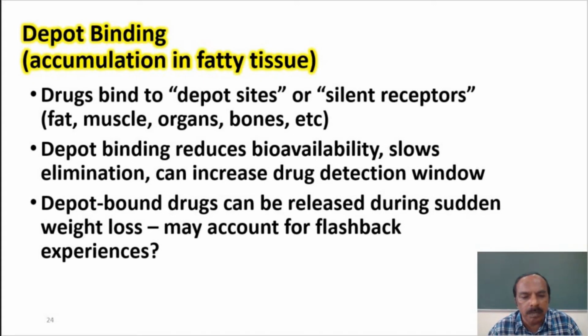Depot bound drugs can be released during sudden weight loss, which may account for flashback experiences. So one more important factor that we have to look into whenever we discuss or try to understand drugs is depot binding. Sometimes the drugs are deposited in the kidney, sometimes in the liver.